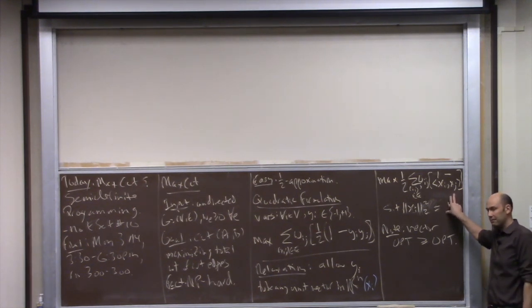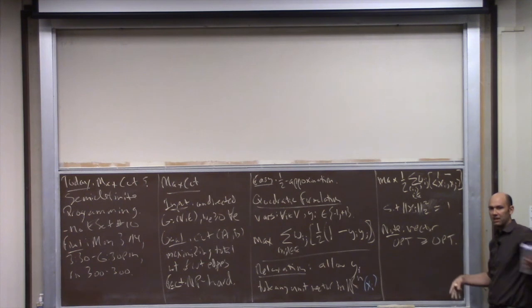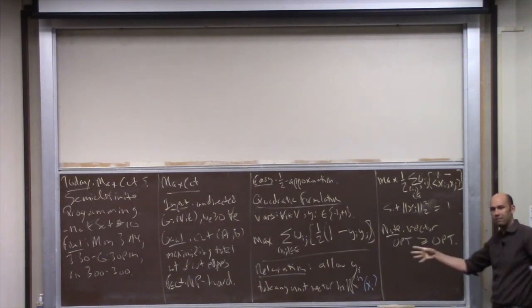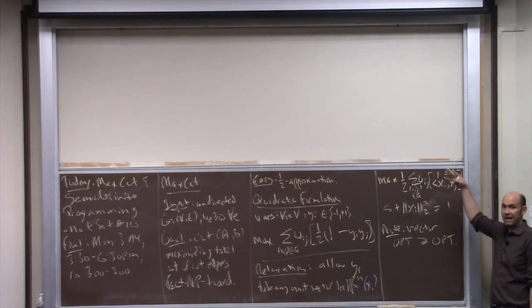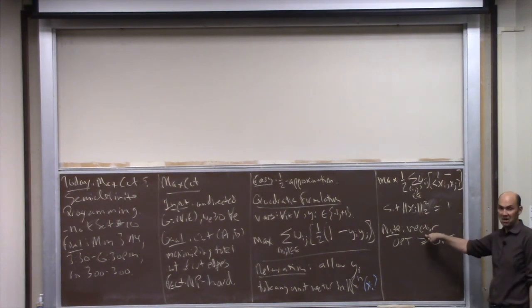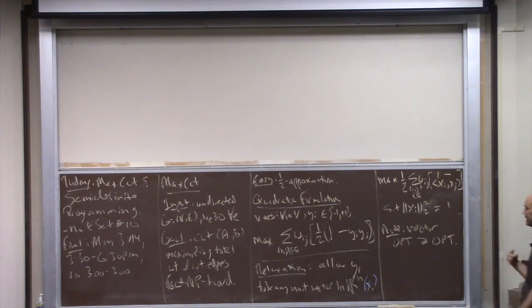Namely, if you have a cut, for everything on the A side, just give it +1 and then n-1 zeros. For everything on the B side, give it -1 and n-1 zeros. That's a feasible solution. This optimizes over more stuff, and it's maximizing, so it's only going to get a bigger number than the original problem. Okay? So in the same sense that we had linear programming relaxations, this is a vector or semidefinite programming relaxation of max cut. Okay?